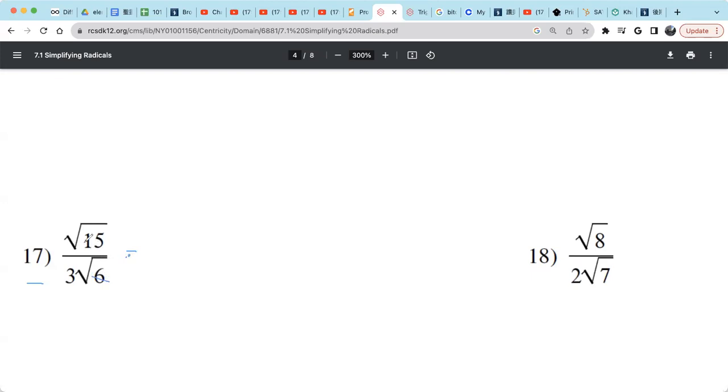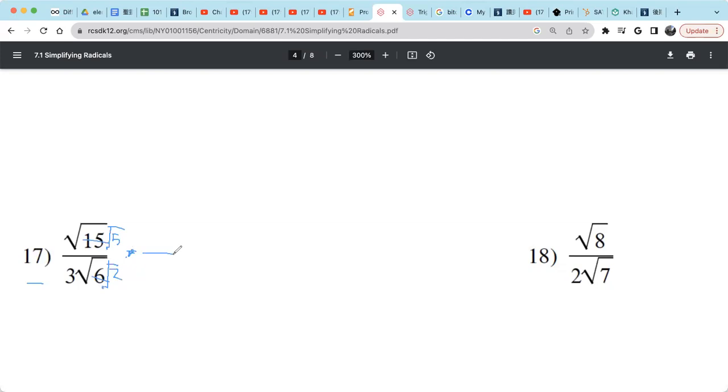Under the square root signs, 15 is 3 times 5 and 6 is 2 times 3. So this simplifies, because 3 is a common factor of the numerator and denominator. The numerator simplifies to square root of 5, and the denominator to square root of 2.